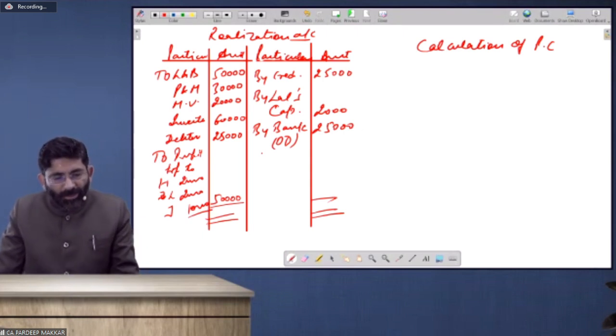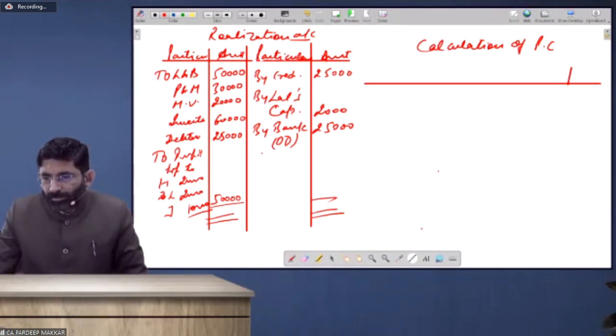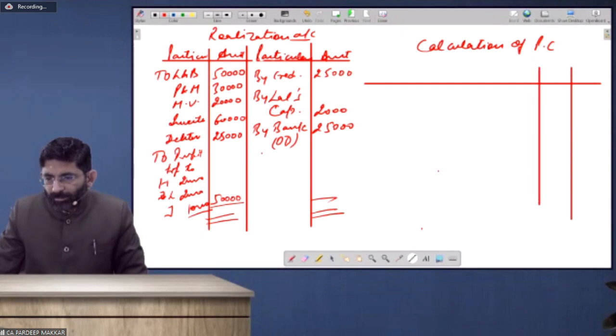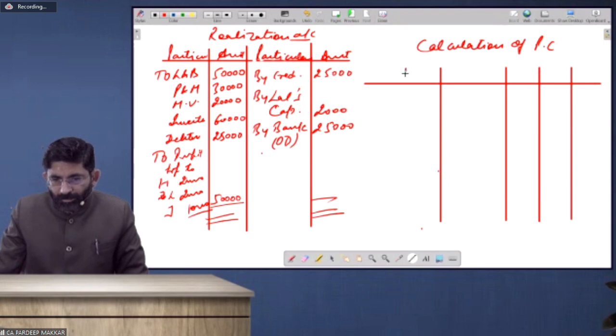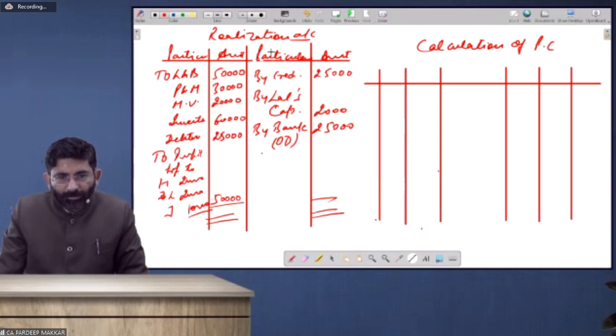So next we have to prepare the partners' capital account. That is again very easy to understand. So three partners are there: Hari, Lal, Jay.